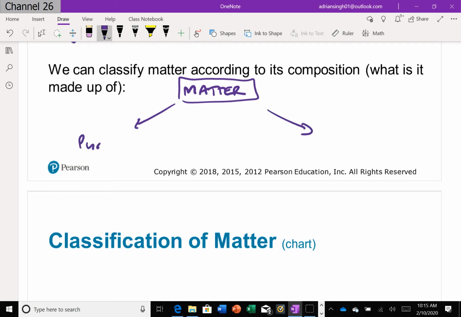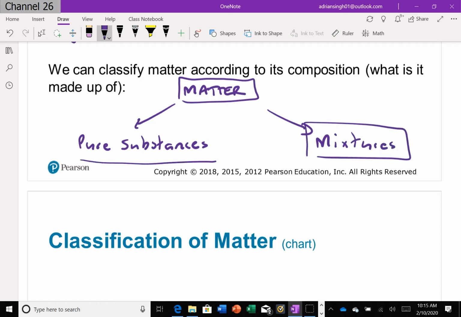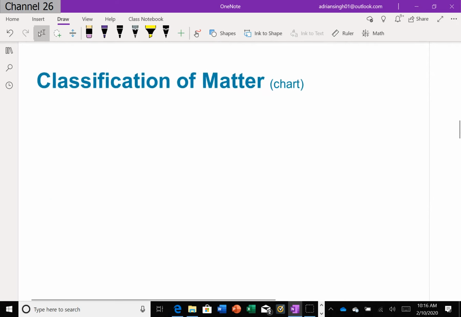We're going to have pure substances, and then we're also going to have mixtures. Right, so that's going to be our first separation in terms of how we distinguish different types of matter from each other. So, matter can be either a pure substance or it can be a mixture. What's the difference between these two categories?